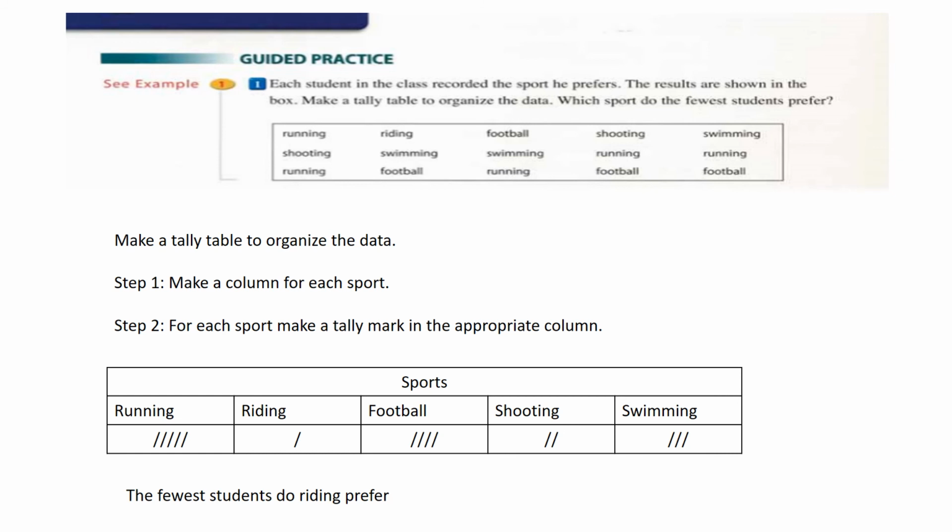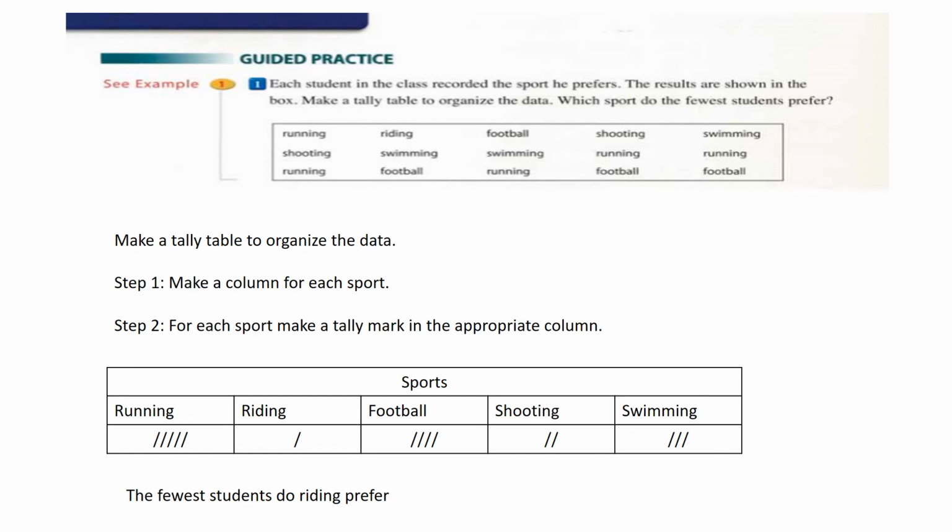You have this box, and first you need to make a tally table to organize the data. Step 1, make a column for each sport. Second step, or step 2, for each sport, make a tally mark in the appropriate column.